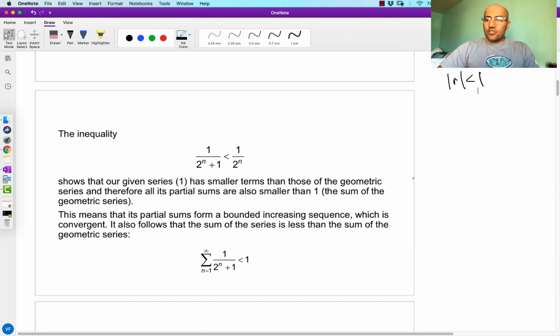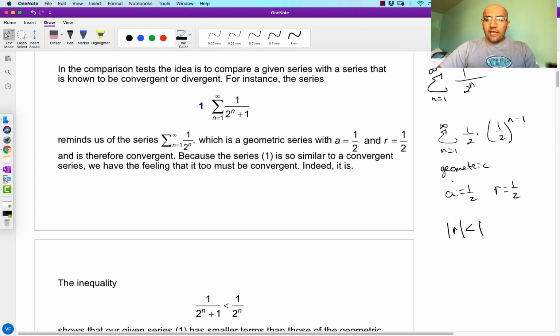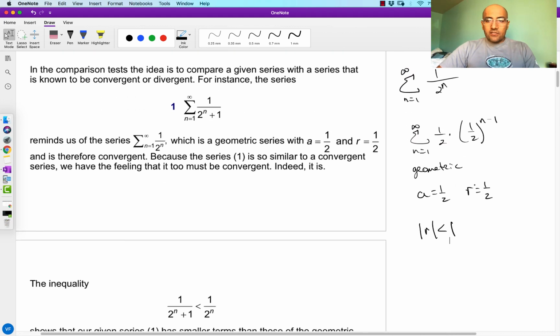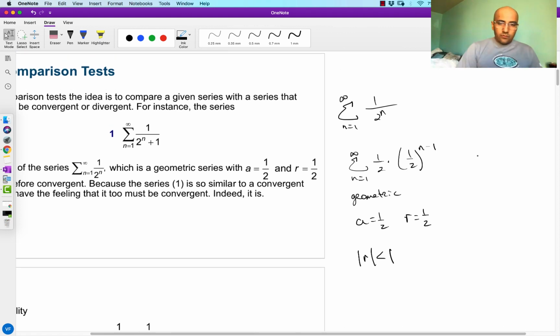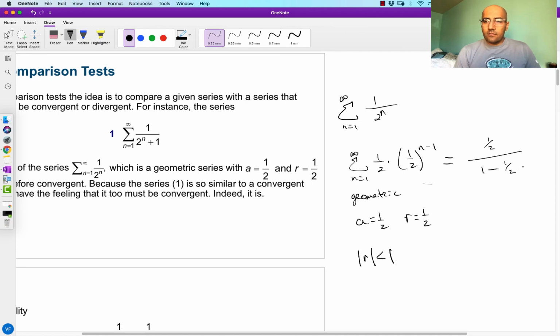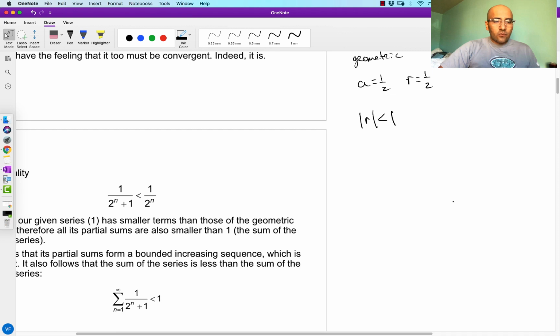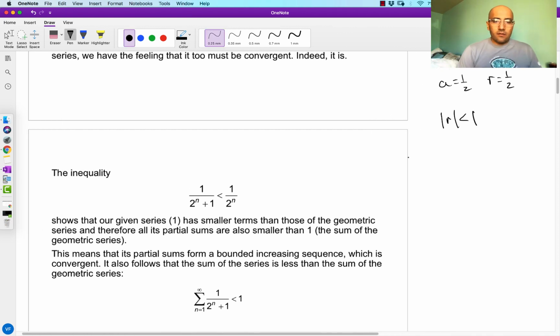Because this is geometric, it converges, and the whole sum converges to a over 1 minus r, which in this case is equal to 1. So the sum of these will converge to 1.